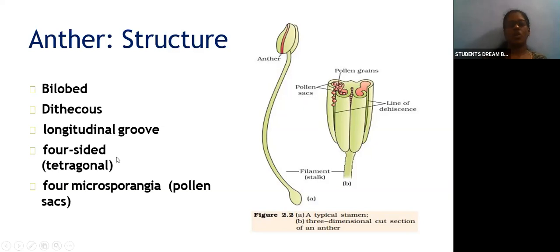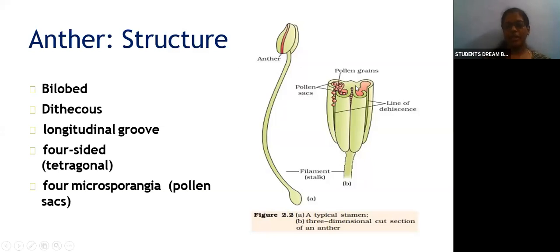We call it four-sided, so it's tetragonal. And it has four microsporangia. Microsporangia are nothing but the pollen sacs. So we have four pollen sacs, four microsporangia. Inside these microsporangia the pollen grains will be formed. Clear? So this is the structure of the anther.